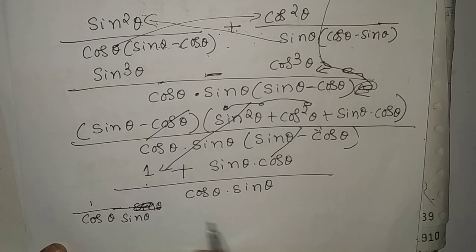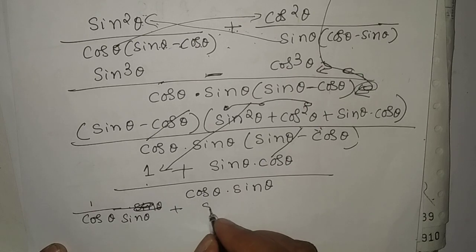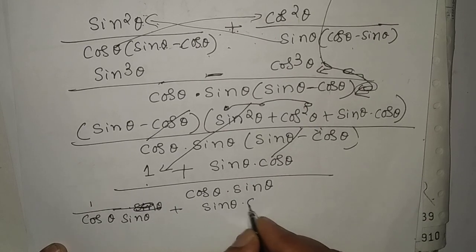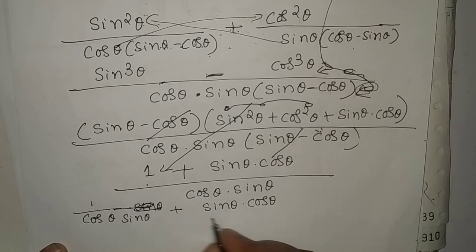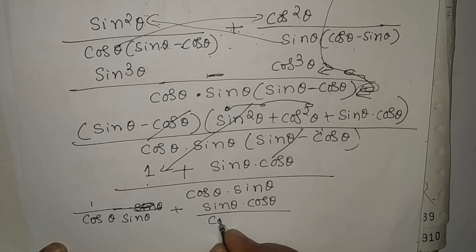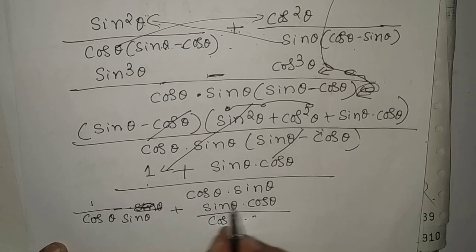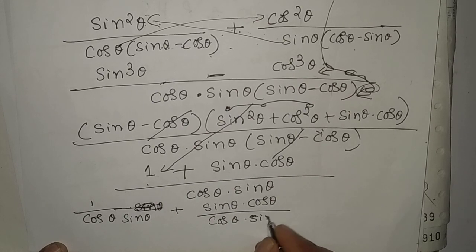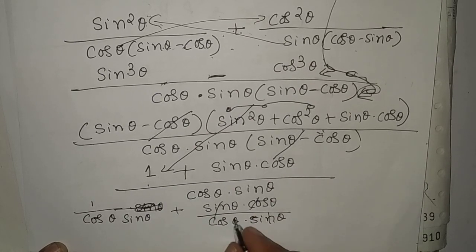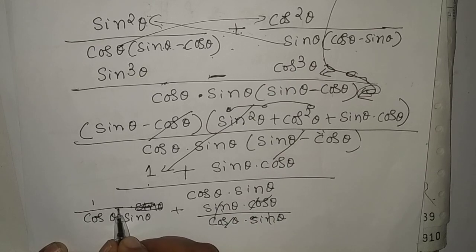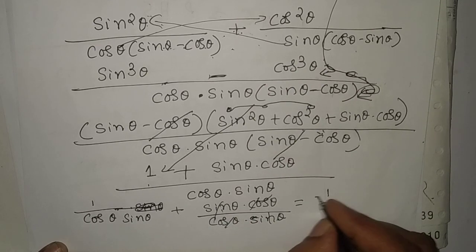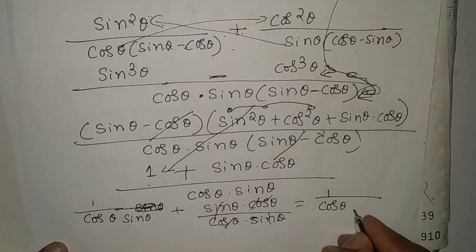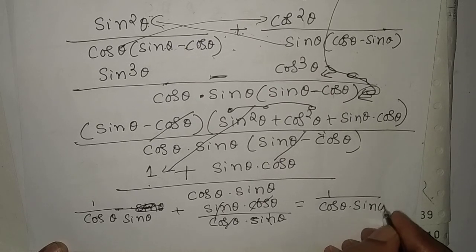Expand this, 1 by cos theta sin theta plus sin theta cos theta, because further simplification is possible, therefore cos theta into sin theta. We are just expanding, that's all. So now whole thing cancel, cos sin. So remaining is 1 by cos theta into 1 by sin theta.